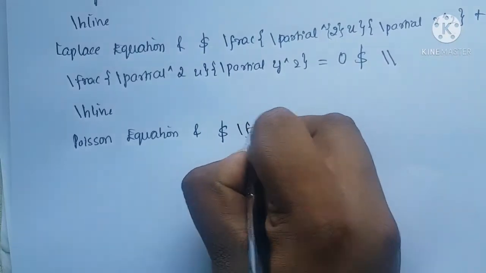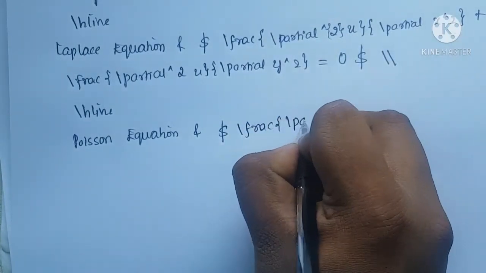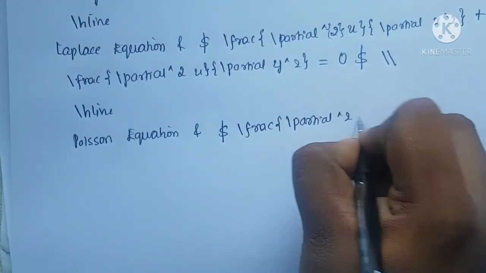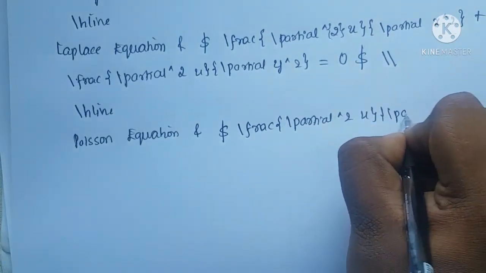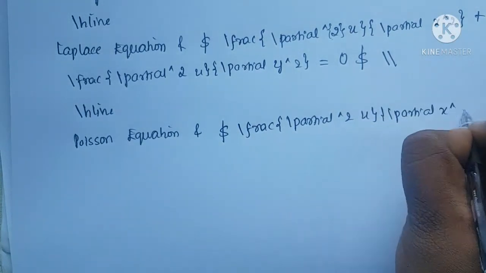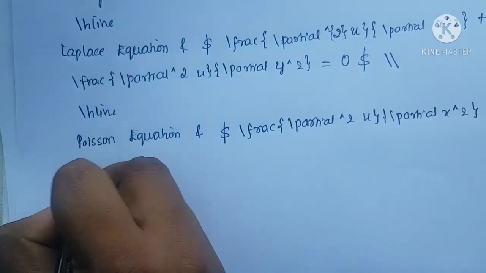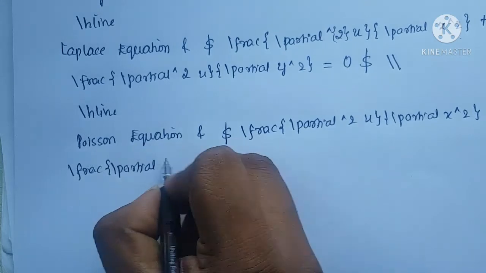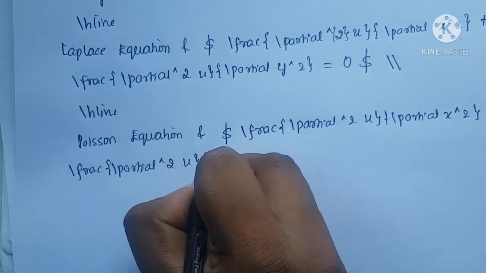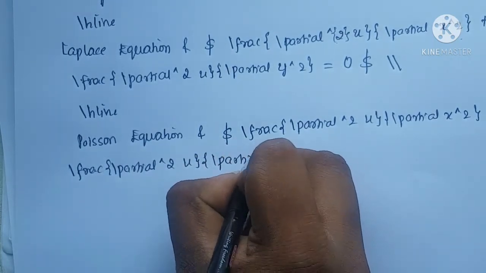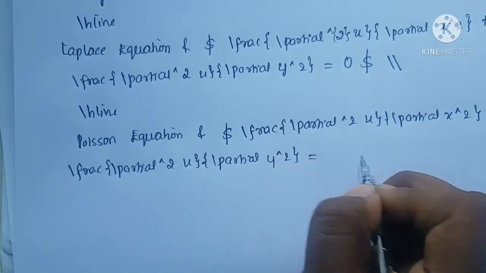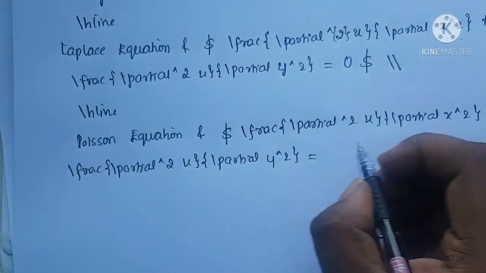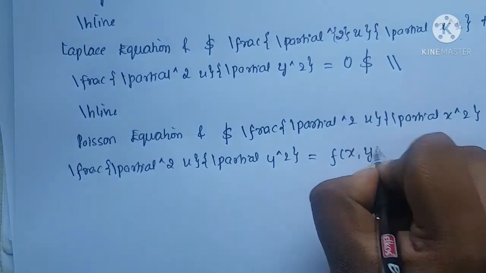Same command. \frac{\partial^2 u}{\partial x^2} plus \frac{\partial^2 u}{\partial y^2} equals f of x comma y.